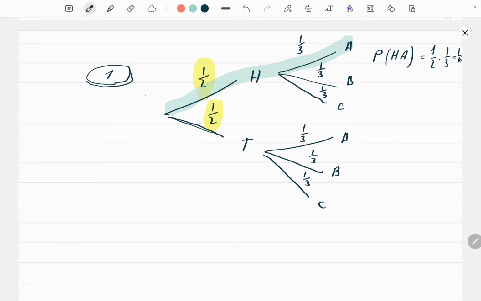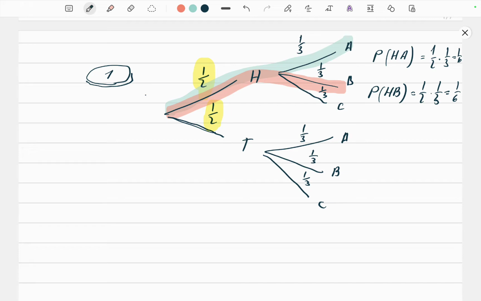We do the same for the remaining ones. The second way, head and B, is the probability of H, 1/2, times 1/3. We can list all the possible outcomes, and it's clear that we have 6 total outcomes.